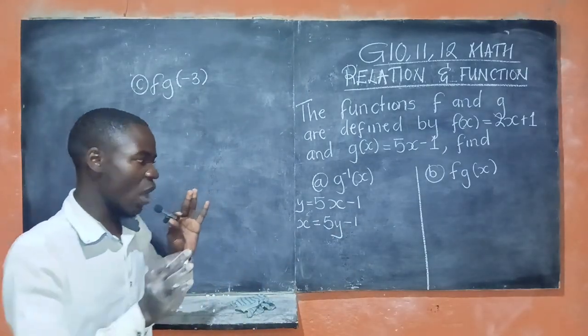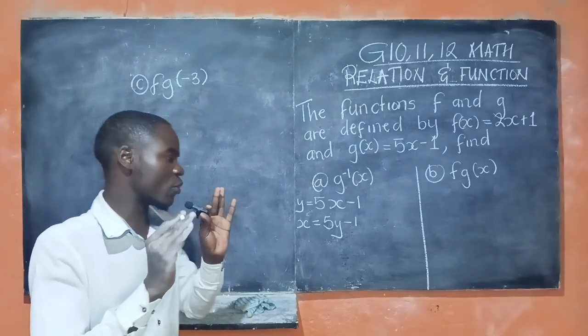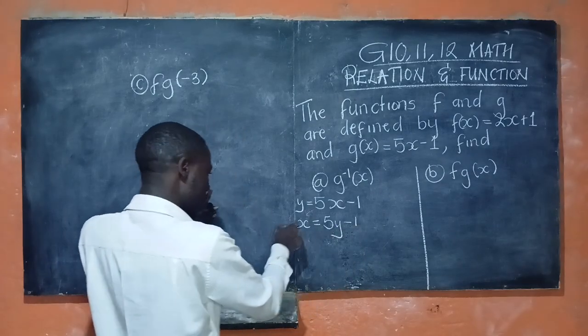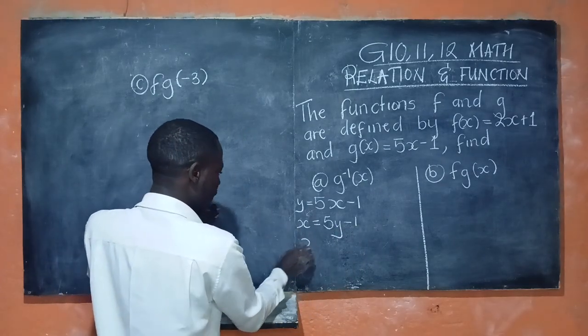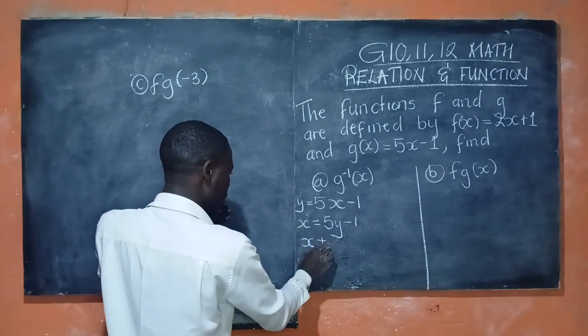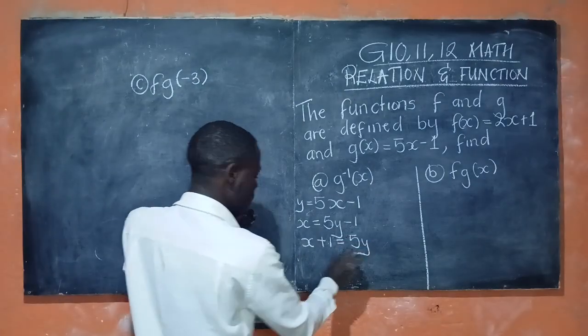Now we are going to transpose, wanting to find the value of y. So we transpose this negative 1 to the other side. Hence we have x, then the additive inverse of negative 1, which becomes positive 1, is equal to 5y, just like that.